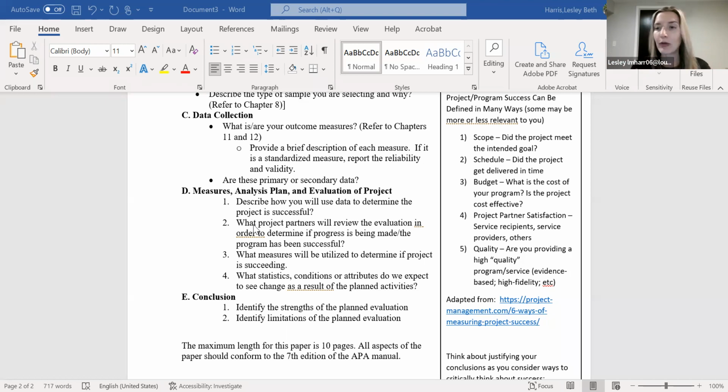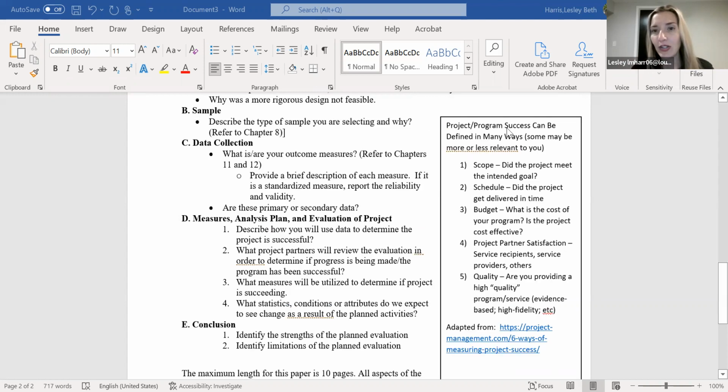That could be increasing community wellness, decreasing rates of depression, decreasing symptoms related to PTSD, or increasing tenants in a housing complex. It can be a number of different things.